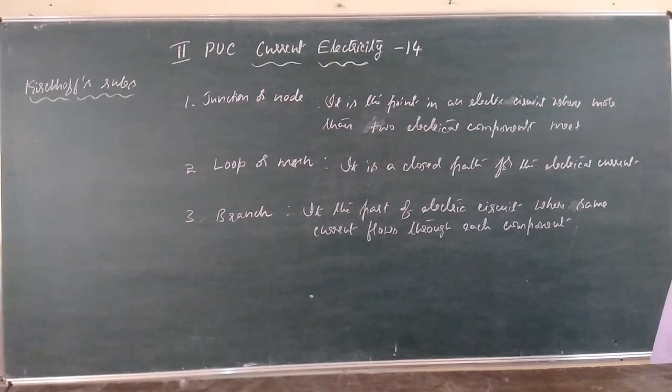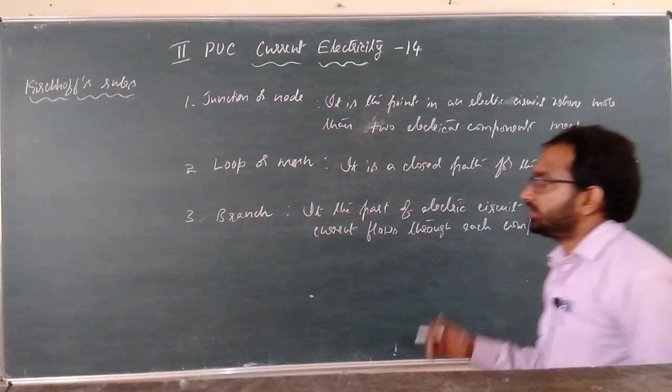Okay, so branch is a part of electric circuit where same current flows through each component. Same current flows through each electrical component. Okay, so these are the three terms related to the circuit.